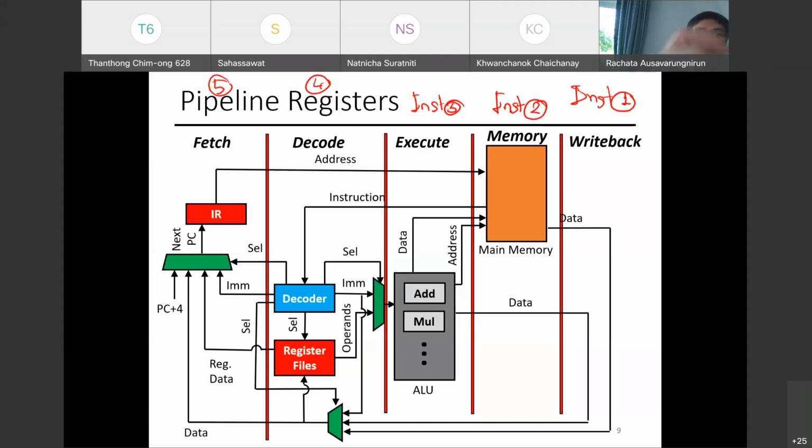So it means that if I look at instruction 1, this particular data, it belongs to which instruction? Instruction 1, right? Everything in this write back stage has to belong to instruction 1. Look at the same wire. So this particular buffer has to store whose data?